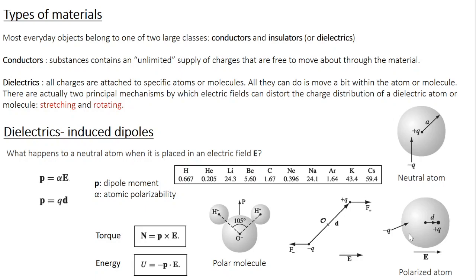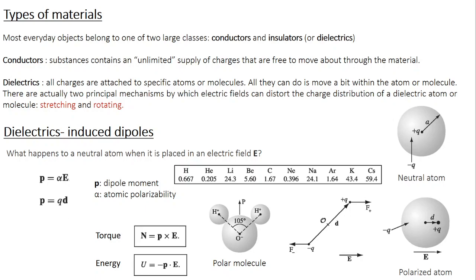So I have two equal and opposite charges separated by a distance d. This is nothing but an electric dipole, and the dipole moment is given by the charge q multiplied by the spatial separation d. Now this is not a normal dipole. This dipole is created solely because I have placed it in an external electric field. So this is a dipole induced by an external field.